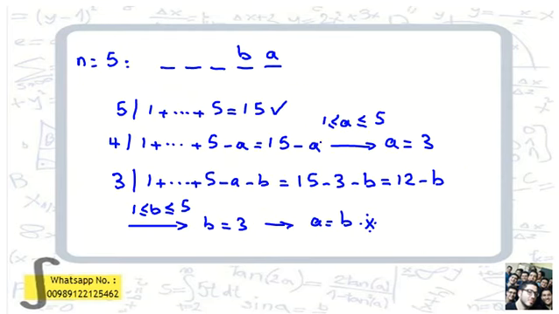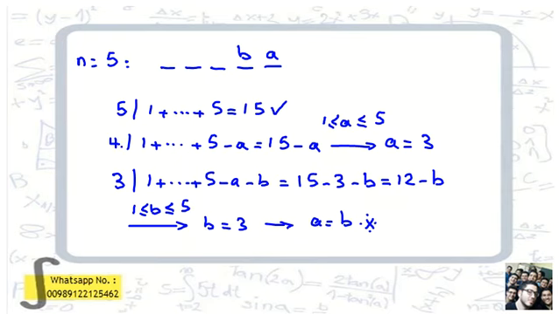So we need to consider only when n is odd. We know that for n equals 1 that was true, for n equals 3 that was true, and now we want to check when n equals 5. We know that 1 plus 2 up to 5 equals 15, and it is divisible by 5. That's true. Now, if k equals 4, the sum of the first 4 numbers must be divisible by 4.